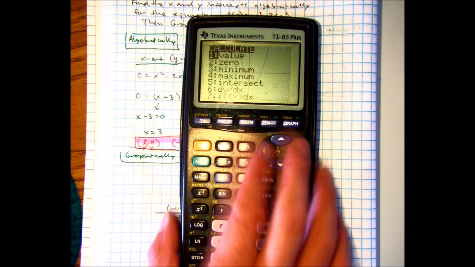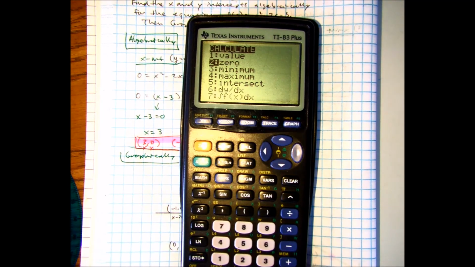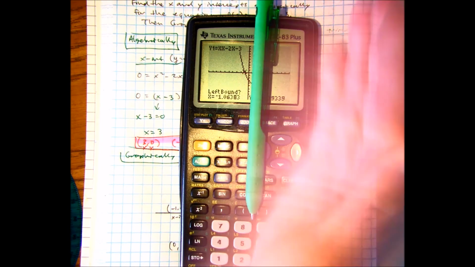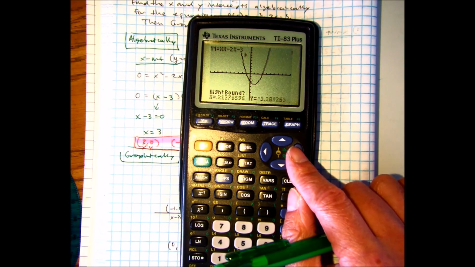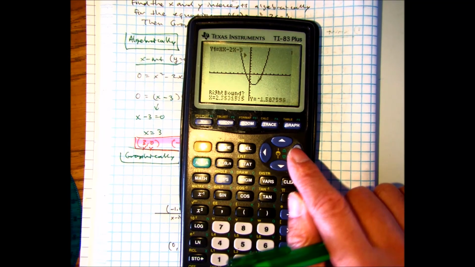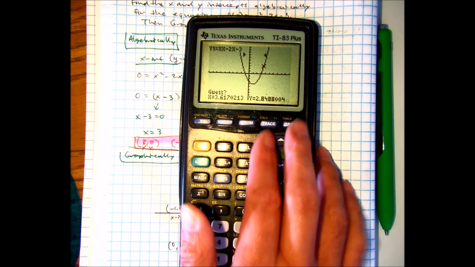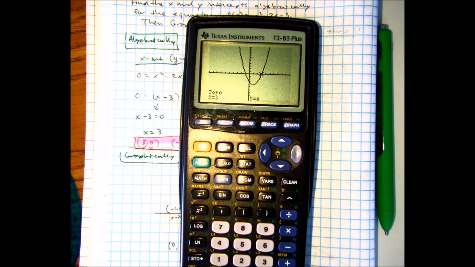And then if I want to do it again for the other side, I just press second trace and go to 0. I'm already left of the point, so I can just press enter. I can move all the way over here to the right of that point, and then exactly on that axis. And you get 3, 0 there.